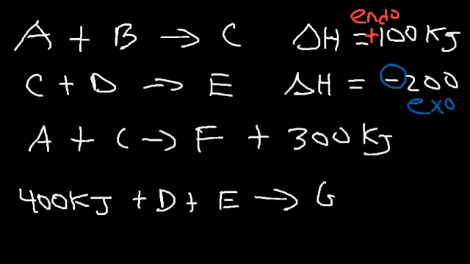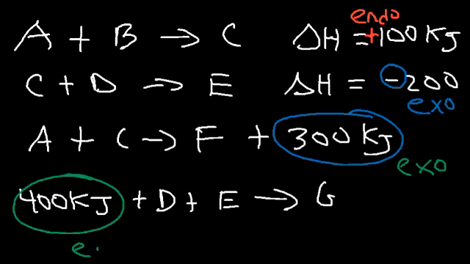Now, in the last two reactions, delta H is not present. We simply have a number. So, if the energy, or the number in front of kilojoules, is on the right side, that means energy is being released, it's being produced in a reaction, so therefore it's an exothermic process. If it's on the left side, it's endothermic.